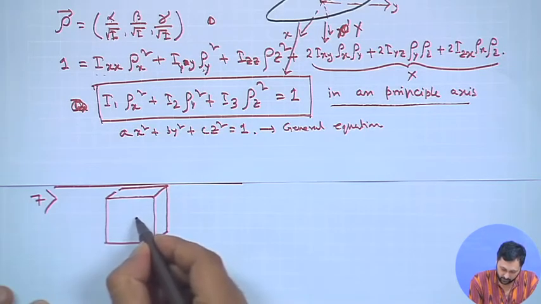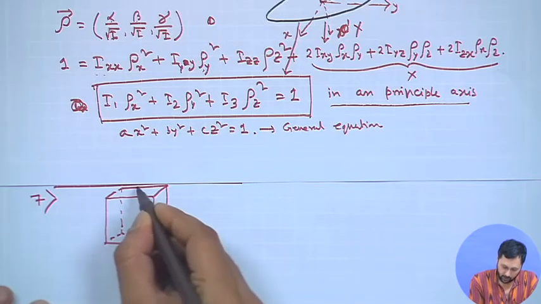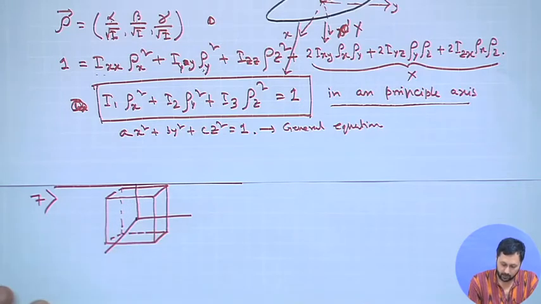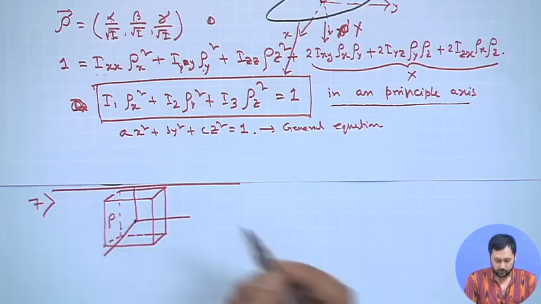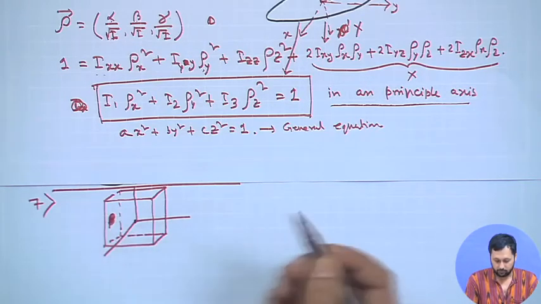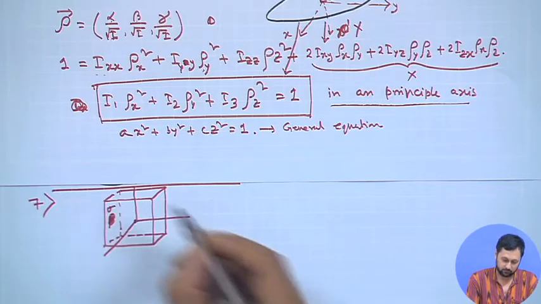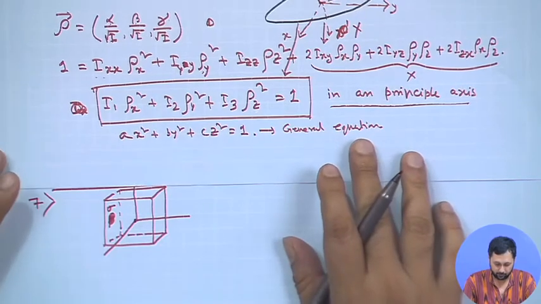We go to the center of the cube, and we set our axis system there. Now, because it is a homogeneous cube, if I write the density as rho, it will be a bit confusing. So, let us call it sigma, which is typically used for surface density, but it's okay for one example.